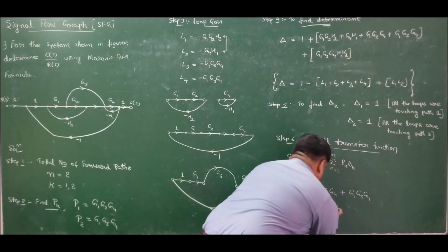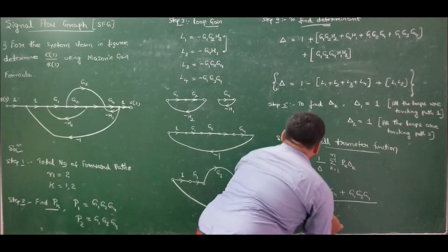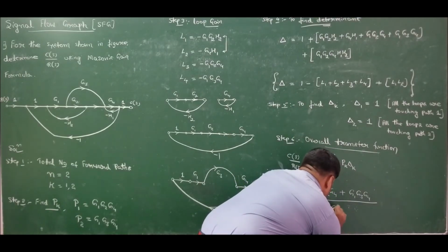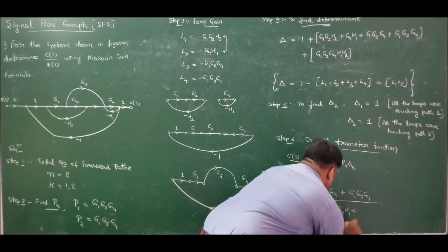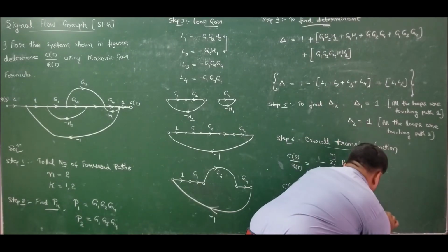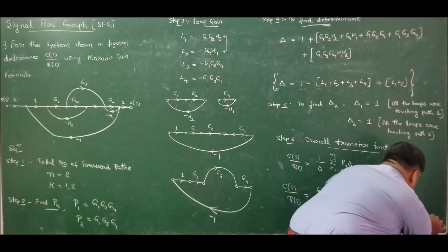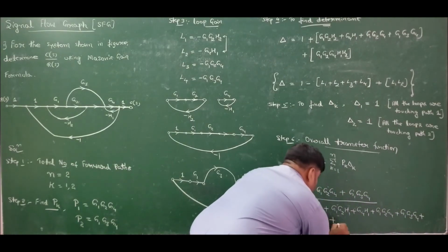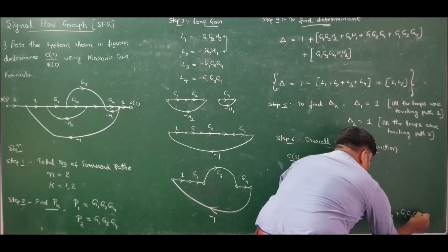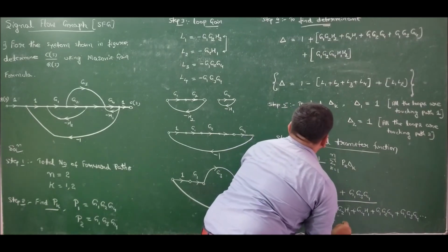G1 G3 G4 whole divided by delta. So delta here is 1 plus G1 G2 H2 plus G4 H1 plus G1 G2 G4 plus G1 G3 G4 plus G1 G2 G4 H1 H2.